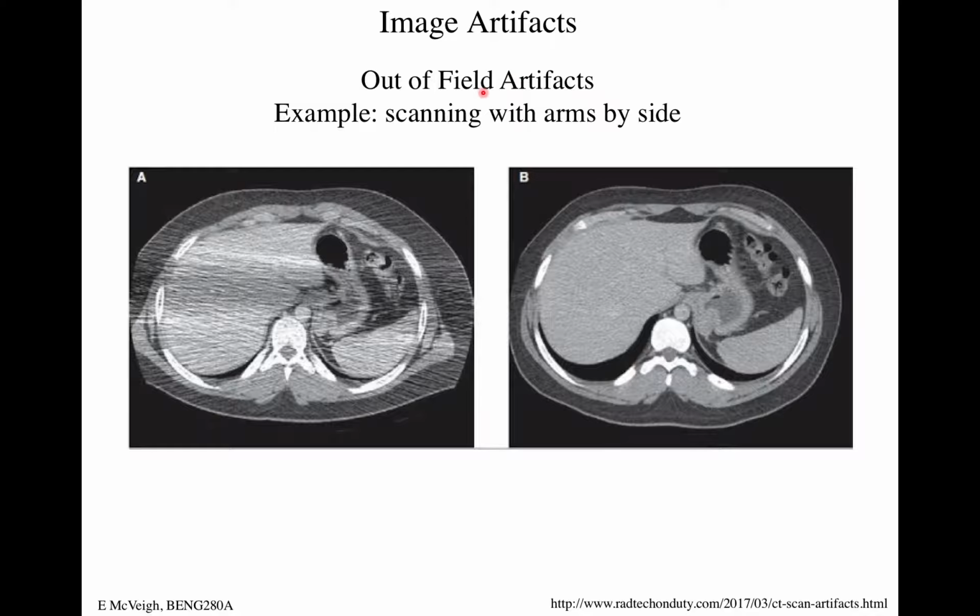So here's some other artifacts. This is the same patient. And when this scan was done, the technician forgot to tell the patient to do something, and that was take your arms and put them over your head. Right? And so the patient, in this case, is lying with one arm here and one arm here. And in terms of the field of view, where are those arms?